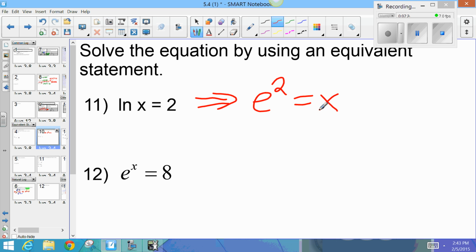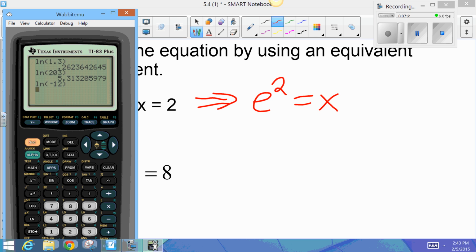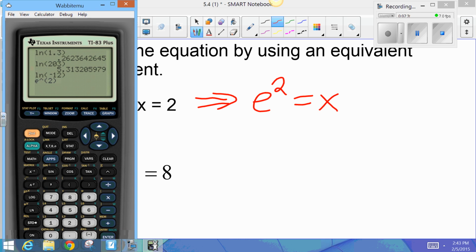Or if a decimal is needed, depending upon the context of your problem, you can just, in your calculator, do second ln, which is your e function, raised to the power of 2. So approximately 7.3891.